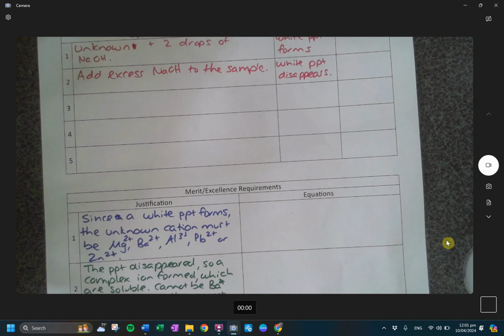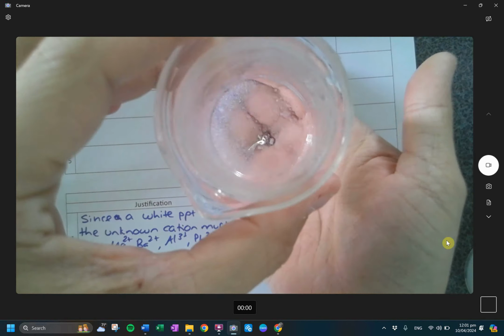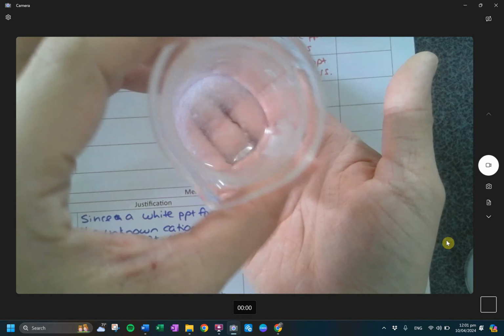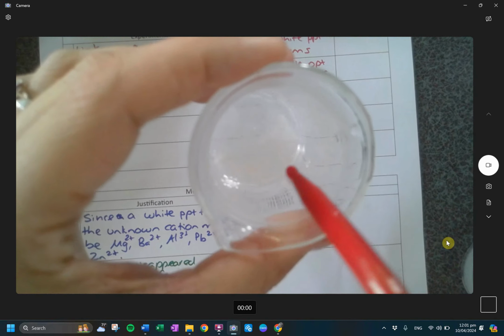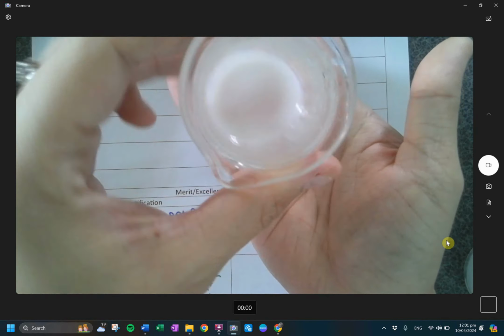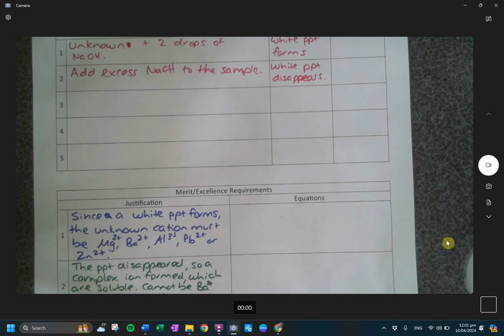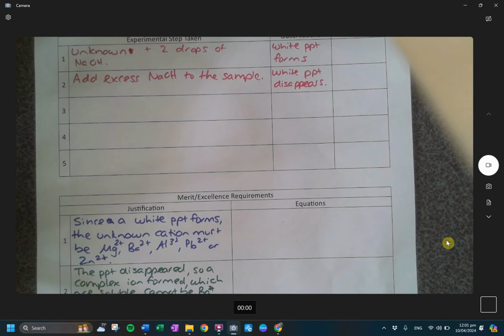And you should get, there you go, white precipitate forming. Again, they're all kind of like white jellies. Not terribly helpful. If I added excess on there, it shouldn't get any dissolving. It just becomes more white. So that one's lead.